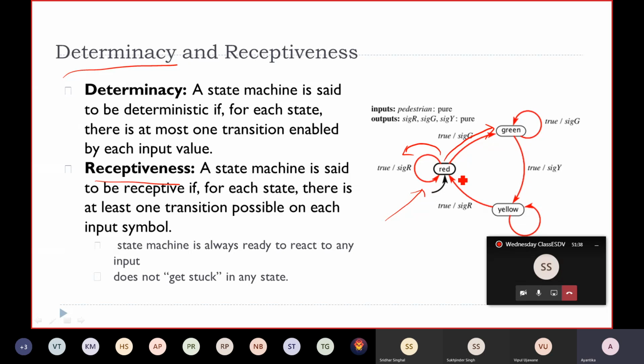So this deterministic behavior is very important when we are going for FSM design.